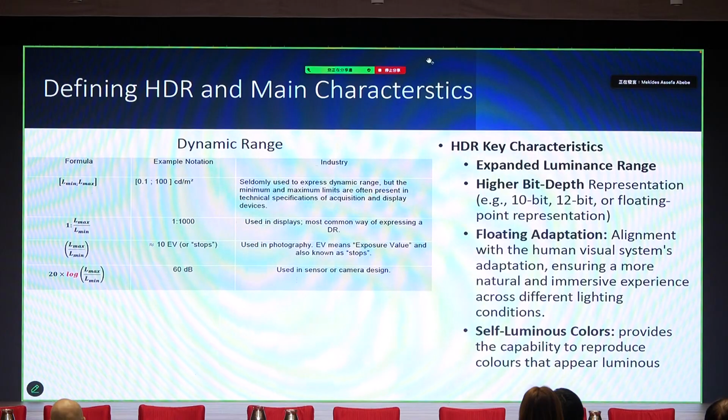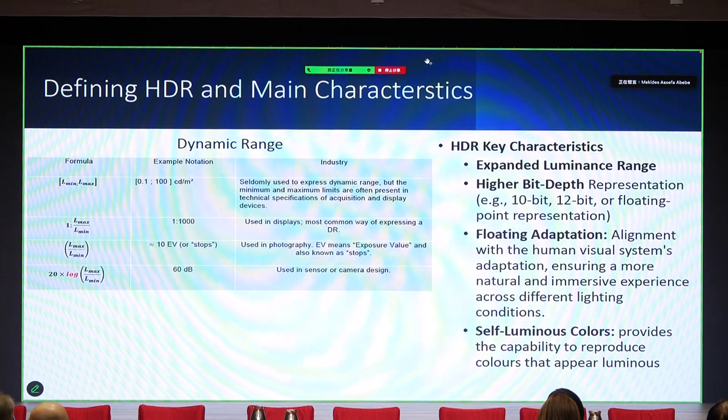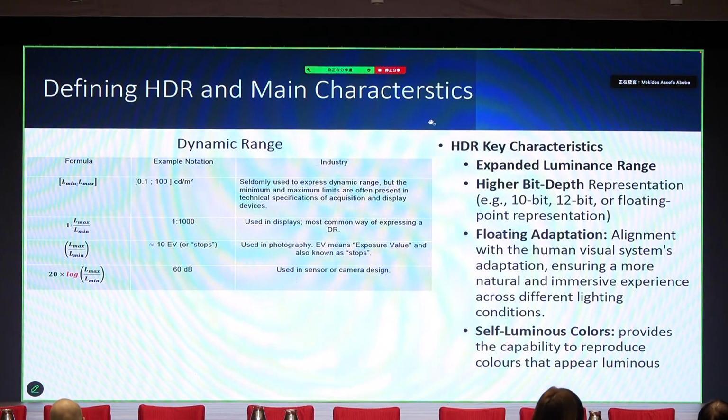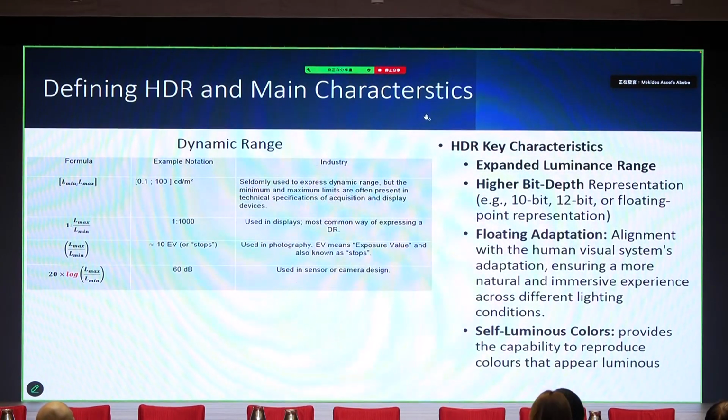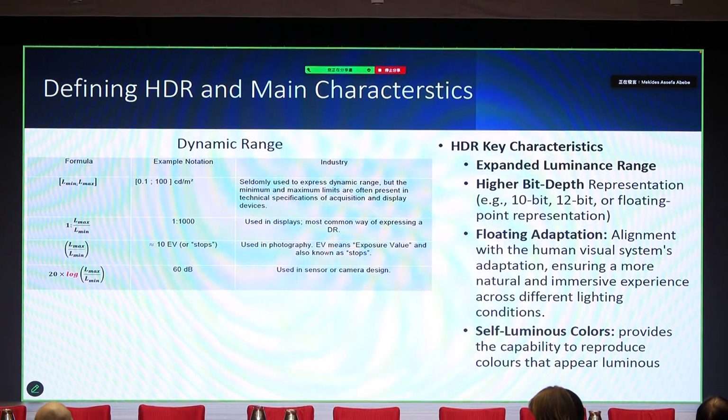Then after the history, we will start talking about key characteristics, and we have already discussed a lot of those characteristics. For example, dynamic range was our big discussion in the TC committee, because dynamic range by itself could be defined in different ways depending on which application we are considering. And when it is in the scene, in the camera, in the display, how are we defining dynamic range and its relationship with other characteristics like contrast, bit depth, and tonal range?